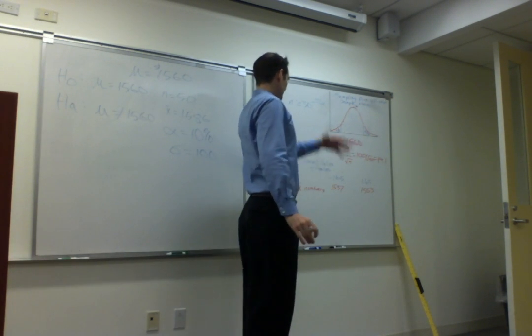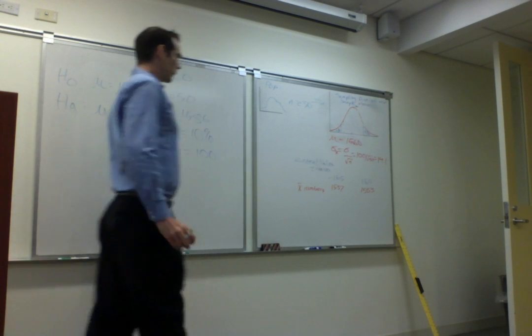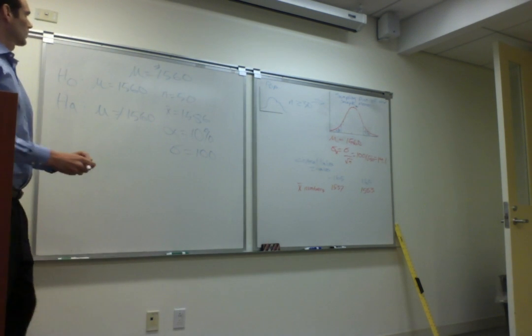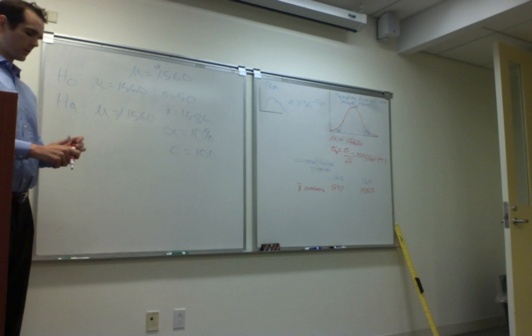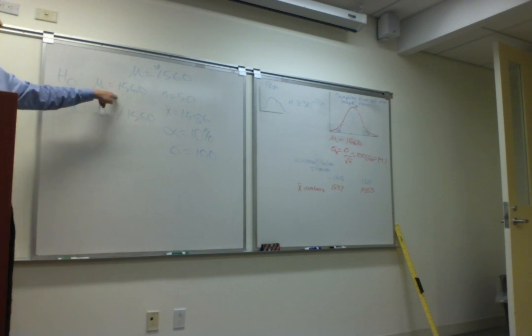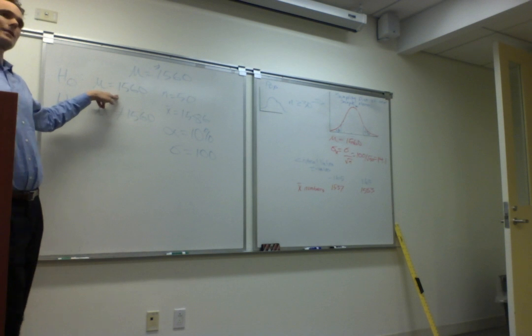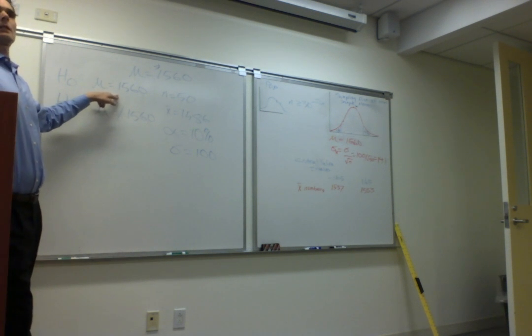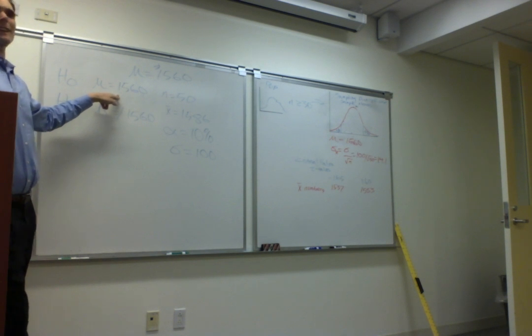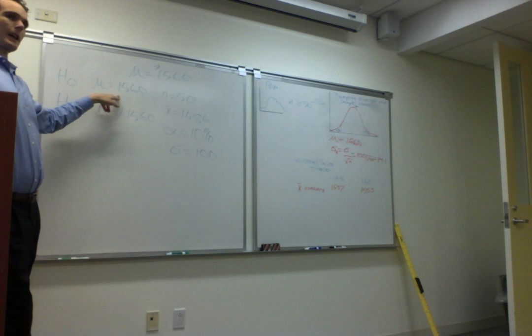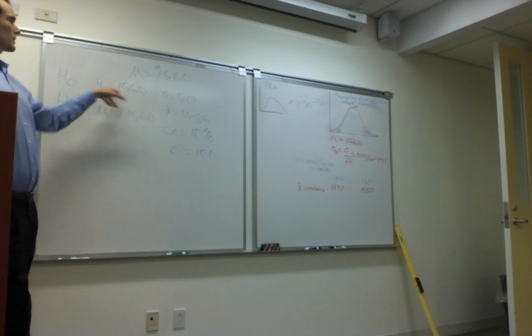So now let's take a step back and remember what we're doing. We're trying to determine whether or not we believe this realtor when she or he says the average rent in St. Louis is $1,560. We said, nah, I think you're trying to sell us something. I don't know where you're getting the data. I don't believe you. So I'm going to set up a hypothesis test. I'm going to assume what you say is true.